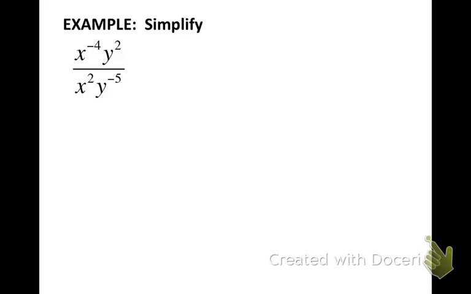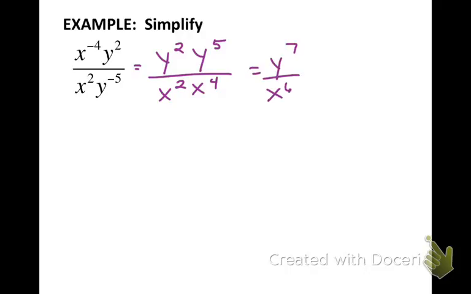So I would move this x to the negative 4th down to make it a positive 4. And I would move this negative 5 up to make it a positive 5, which would give me y squared, y to the 5th over x squared, x to the 4th. So my numerator would then go to y to the 7th over x to the 6th.